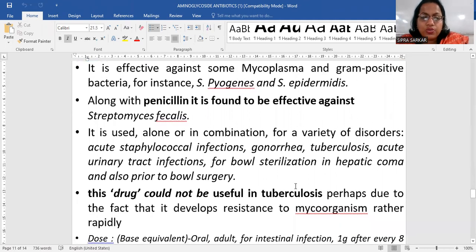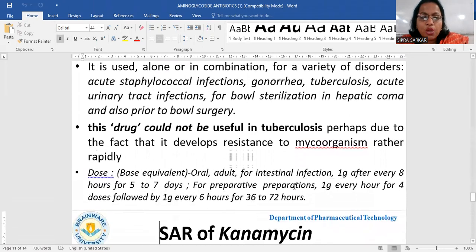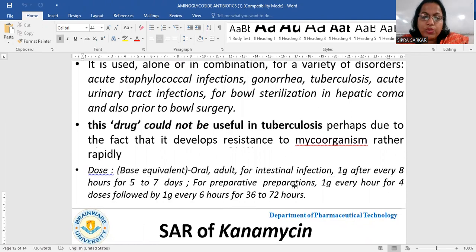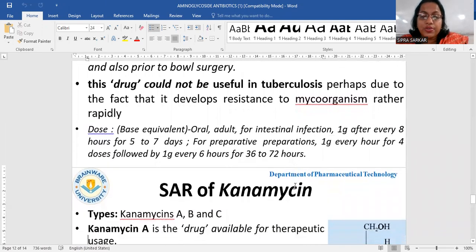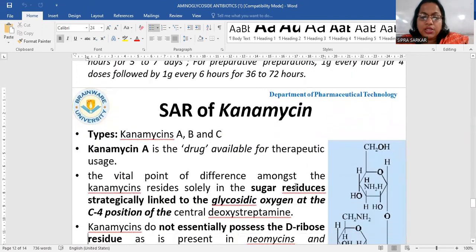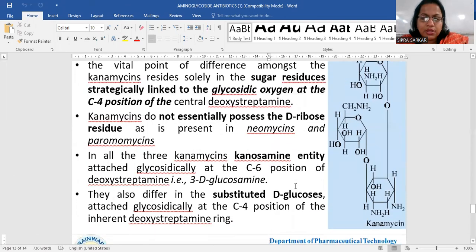This drug is not useful in tuberculosis, perhaps because microorganisms develop resistance rather rapidly. Dose: oral, adult, for intestinal infection 1 gram every 8 hours for 5 to 7 days will be effective. For preoperative preparation, 1 gram every hour for 4 doses, followed by 1 gram every 6 hours for 36 to 72 hours. So this is the SAR of kanamycin that is also present over here.